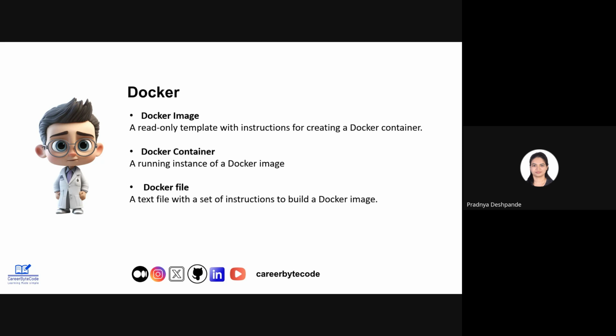It's a lightweight and standalone package, and it has everything we need to run the application. Over the Docker Hub, we have a lot of base images and official images available. You can pull those images and use them as and when required. So this is about the Docker image.